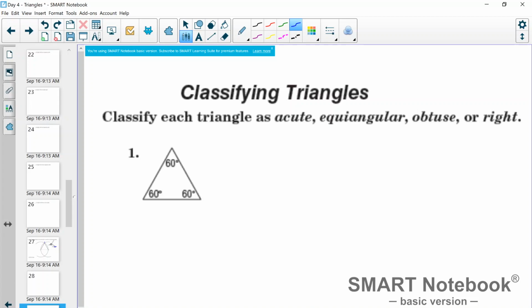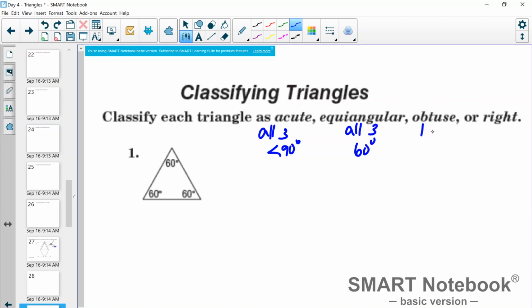Classifying, remember, as a review, I'm not going to really go over these, but in an acute triangle, all 3 angles are less than 90 degrees. Equiangular, all 3 are 60 degrees.